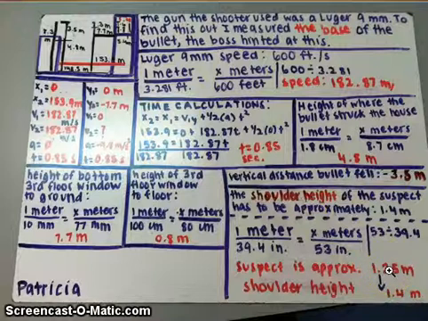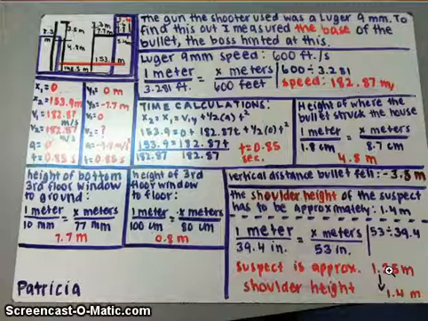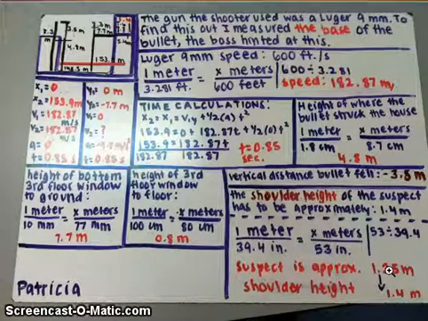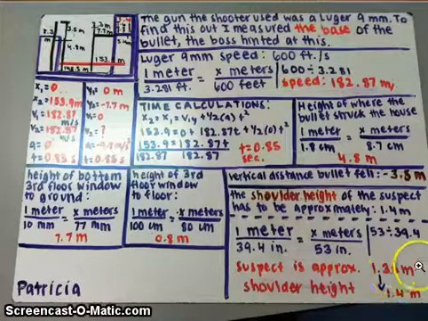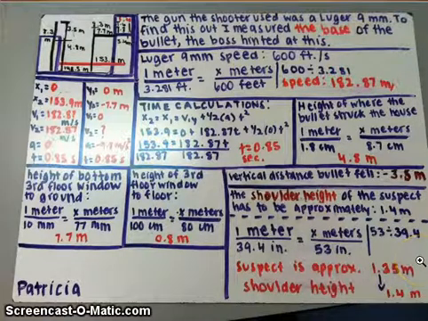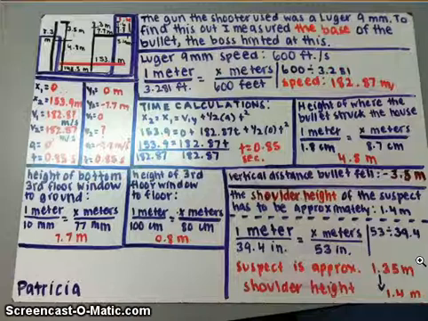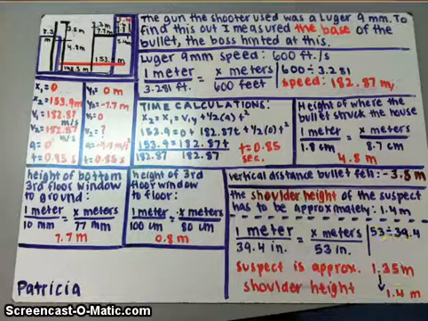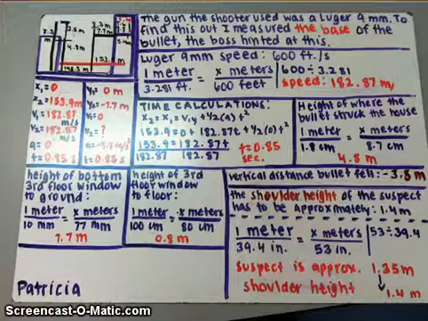The suspect had to be 1.4 meters tall by the shoulder height, and one of the suspects was 53 inches tall shoulder height, which was 1.3 meters shoulder height, and if I rounded that, it was 1.4 meters. So the killer is Mr. Ramirez, and this is the work that I did to find that out.